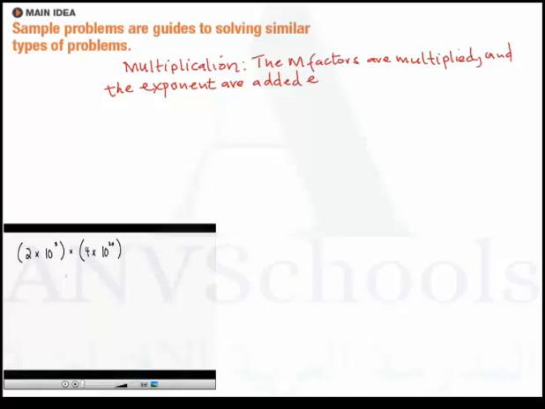So algebraically they will be added here. So let's consider an example here.